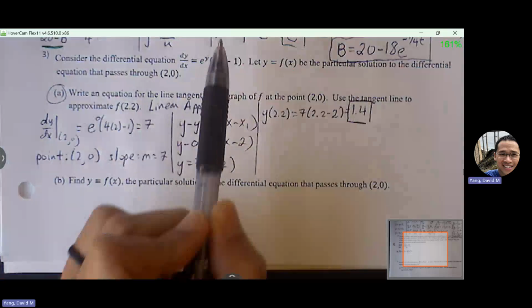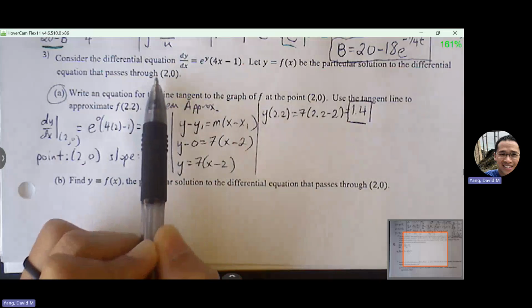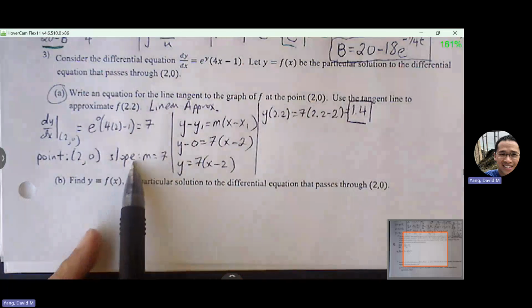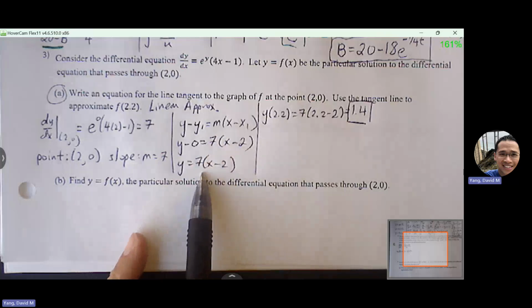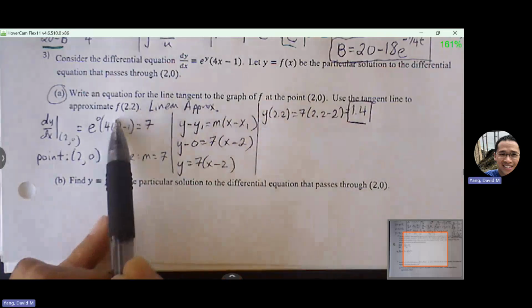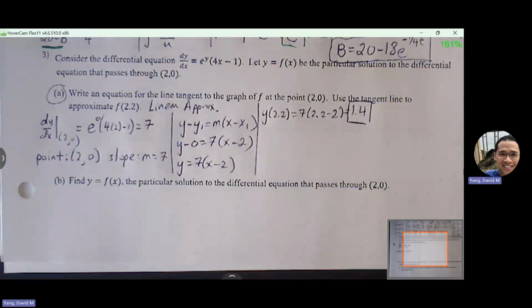So get the slope from your derivative. Take the ordered pair that's given to you. Build your tangent line equation. And then your final step is plug in the decimal into your linear equation.